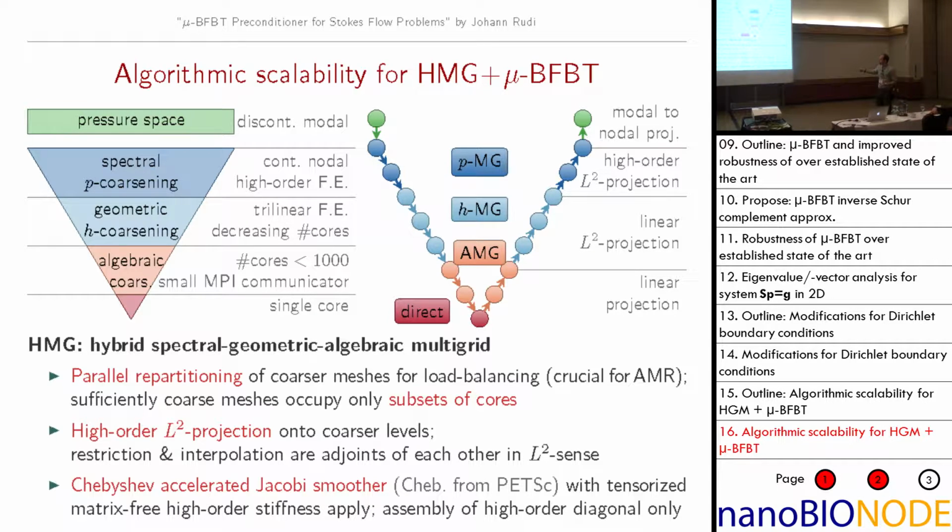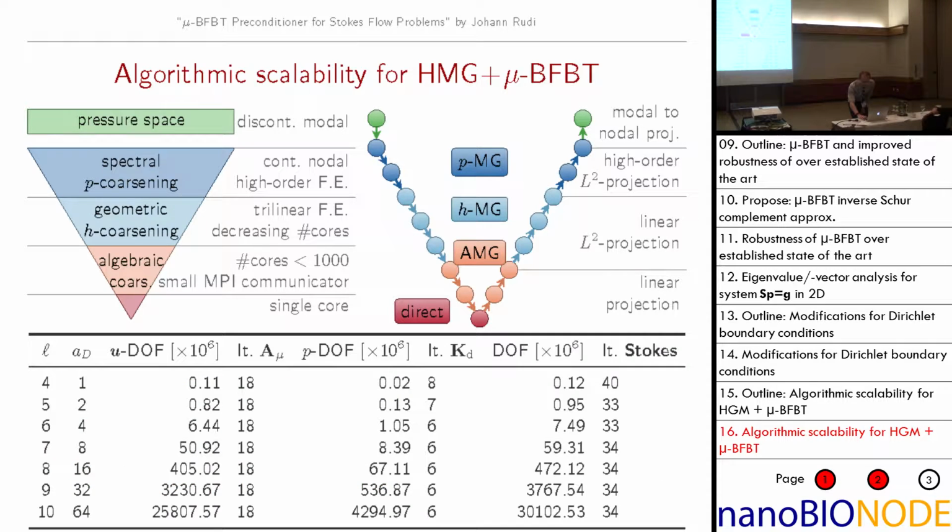But by going down to a certain level, we avoid this high setup cost of AMG. So this is done in parallel, repartitioning on a subset of cores. What makes the algorithmic scalability work is higher order L2 projections when we go from one level to the other, combined with Chebyshev accelerated Jacobi point smoothers, Chebyshev's from Betsy. The combination of these two makes the very nice algorithmic scalability behavior.